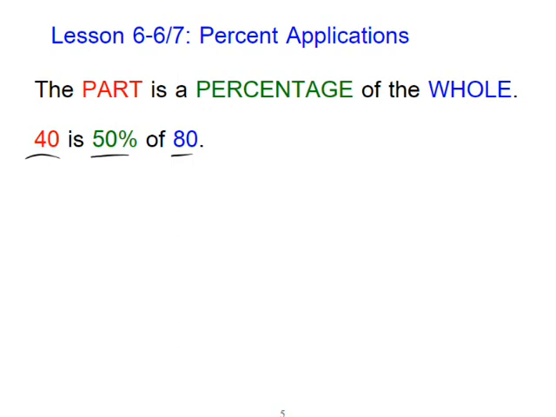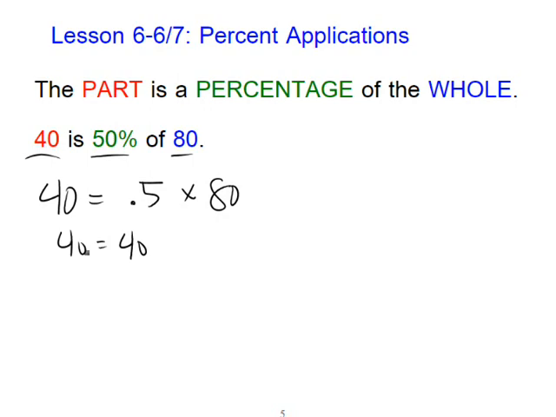And remember, if you like the equation method, this simple statement becomes 40 is 50% turned into a decimal or fraction, of, meaning multiply, 80. 0.5 times 80 is 40.